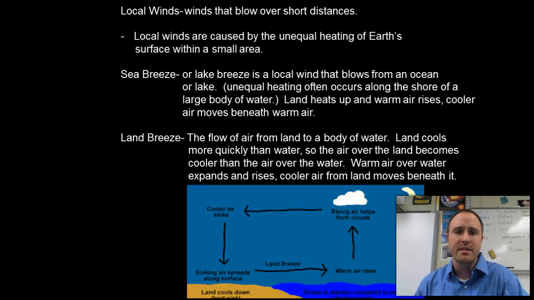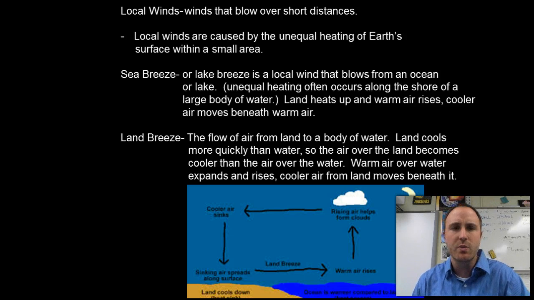Now you have cooler air coming from the land, so obviously you have colder temperatures, and the lake has warmer air that is going to rise, and it helps to circulate this and keep temperatures at a more comfortable temperature.